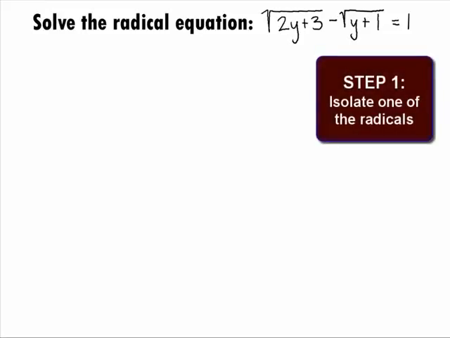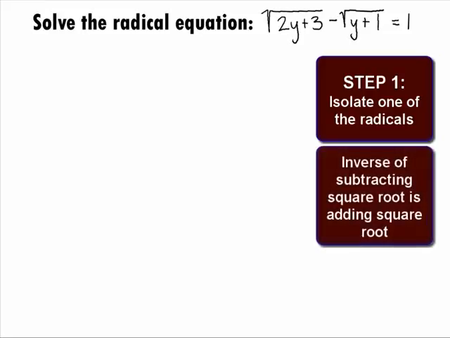In step 1, we want to isolate one of the radicals. It looks like we have two radicals here, so we need to get one of them by itself. So let's go ahead and move the minus square root of y plus 1 to the other side by doing the inverse operation of adding the square root of y plus 1 to both sides.